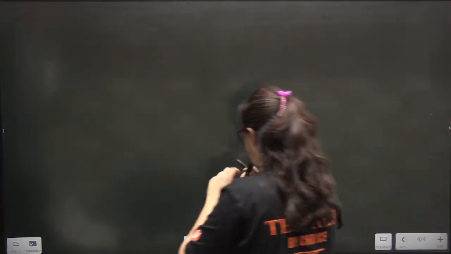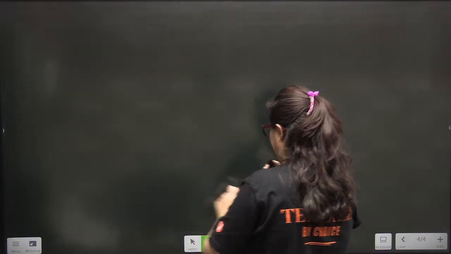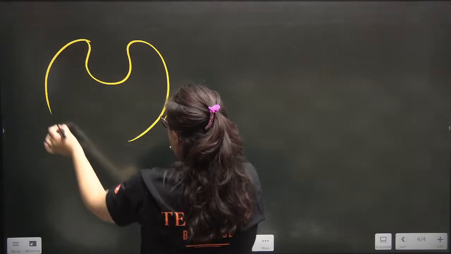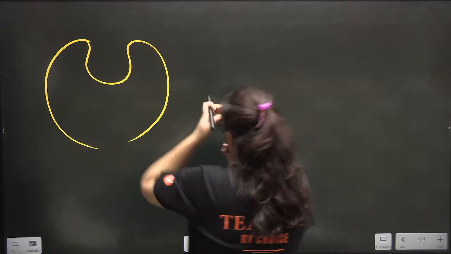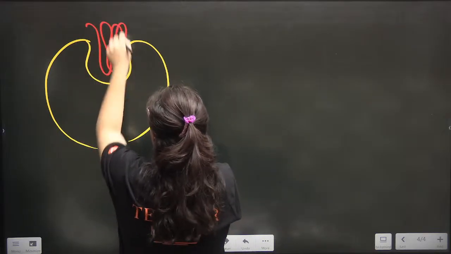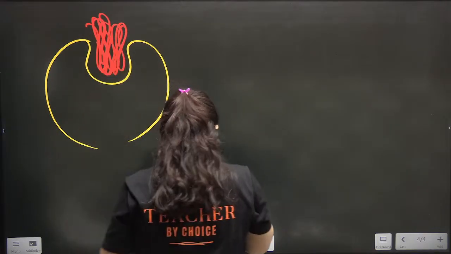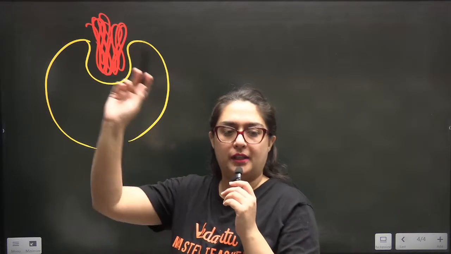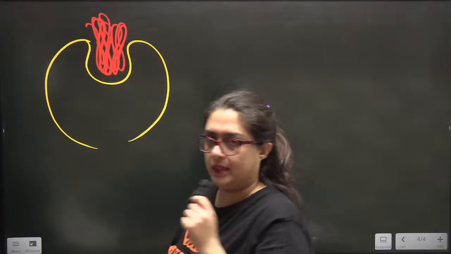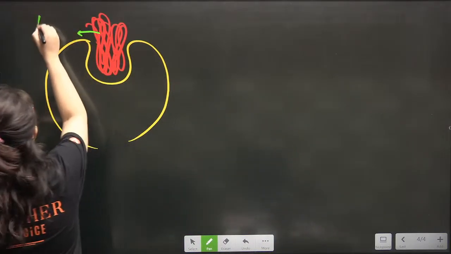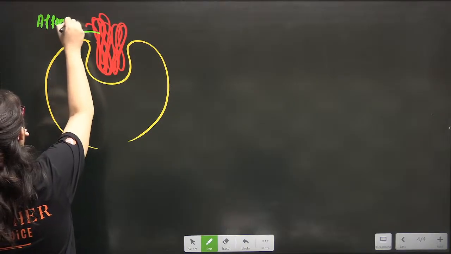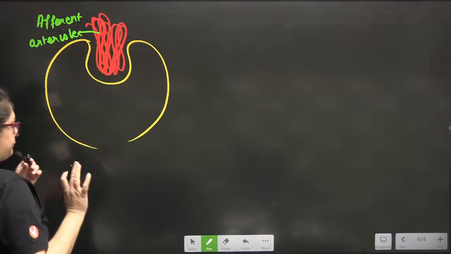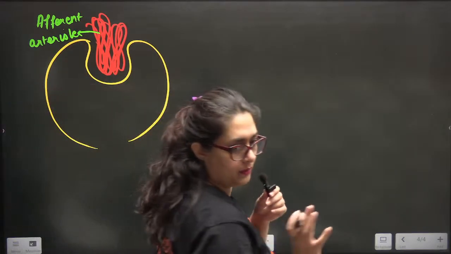We'll draw the diagram. This is your Bowman's capsule. These are tuft capillaries. Now capillaries always come from an arteriole: aorta, artery, arteriole. Then the arteriole forms capillaries. So this is the afferent arteriole.